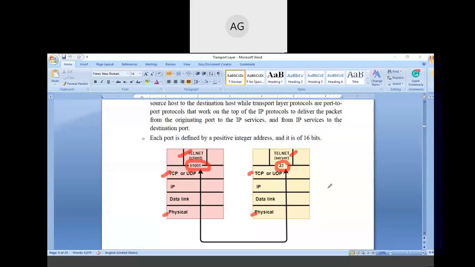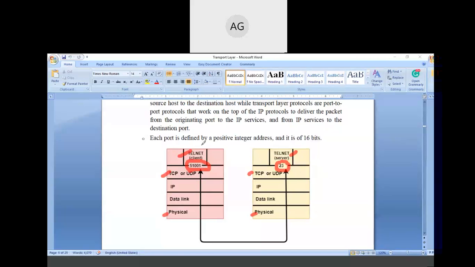The communication between sender and receiver through the transport layer protocol is done with port to port addressing, and these are the ports: 51001 at the client side, and 23 at the server side, through which communication takes place.